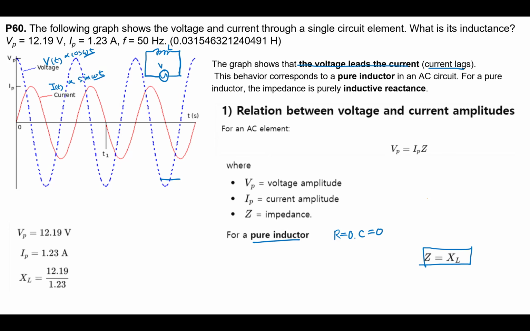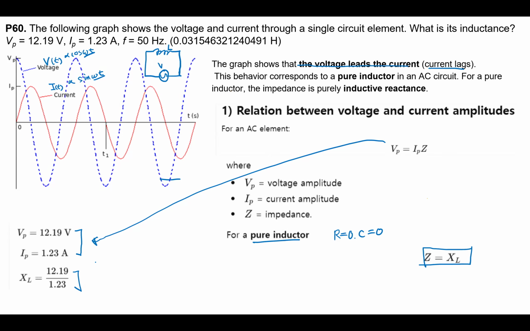And then what we need to do is find, so again, here is the case. V_P is given, I_P is given, and from this relationship we can directly calculate XL, the inductive reactance.